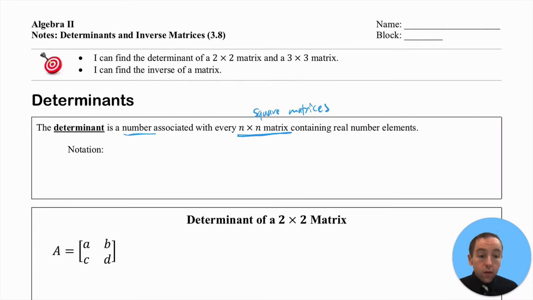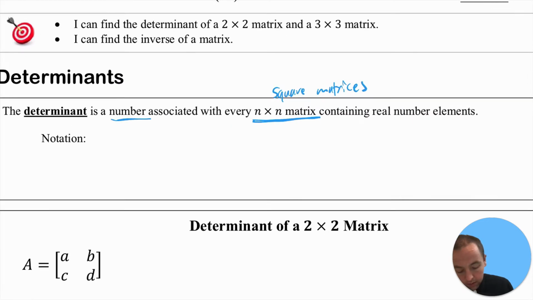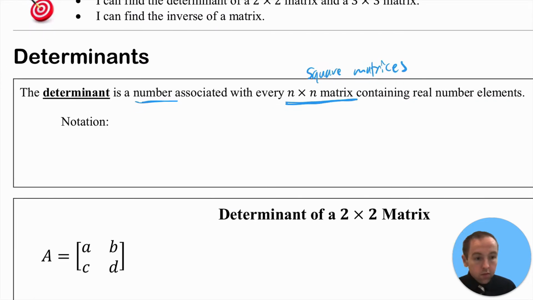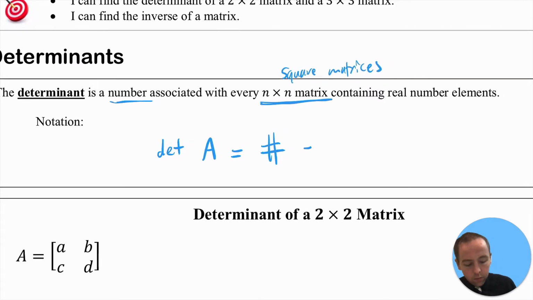The notation that we use for a determinant is a couple of different things. Sometimes if you have a matrix, let's say capital A, and you're trying to find the determinant of it, you would say det, to abbreviate, of the name of the matrix, and then it'll equal whatever the number is. Another way to write the determinant of a matrix is to put bars around the name of the matrix.